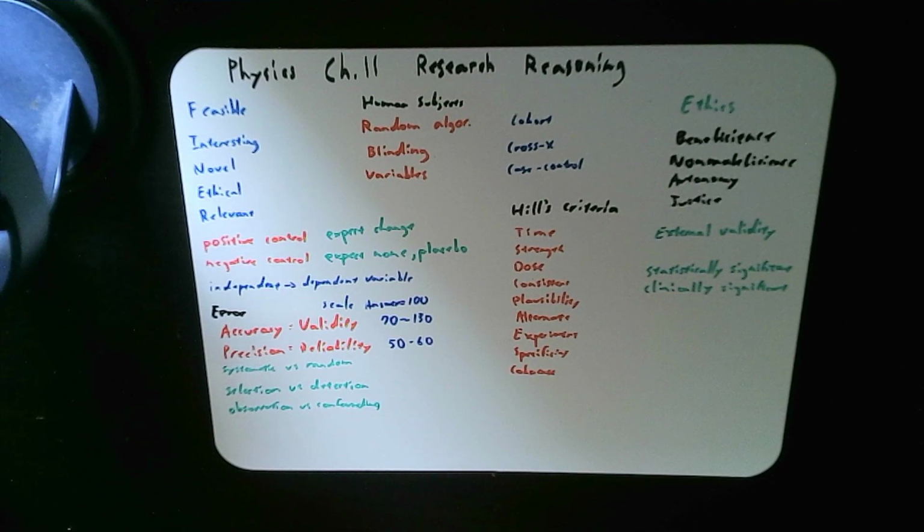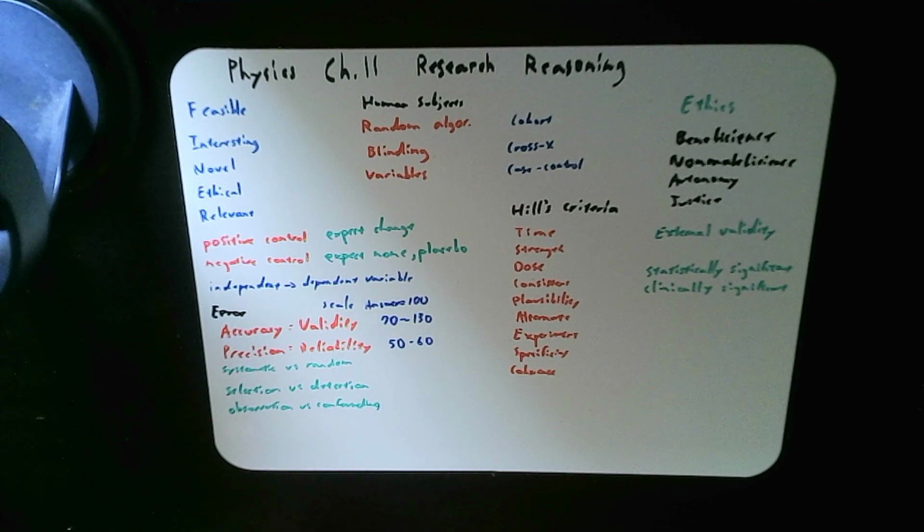Selection versus detection. Selection bias is when the experimenter chooses a non-random sample. So they may be keen on confirmation bias, thinking that only certain subjects are more likely to have this issue. They're not really doing a random sample instead. A detection bias is when they're looking for something more in a subject.